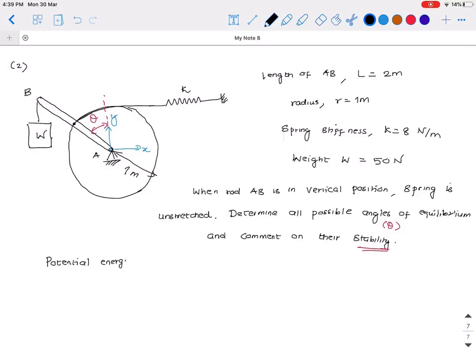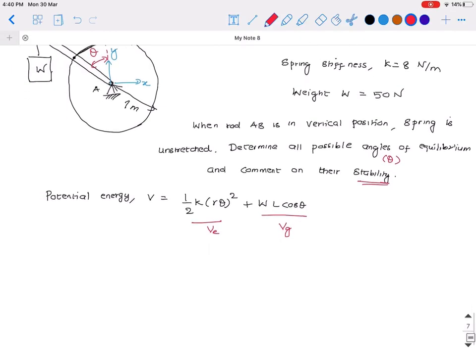So potential energy V is half K (r theta) squared plus WL cos theta. Elastic potential energy stored in the spring, gravitational potential energy due to the weight.